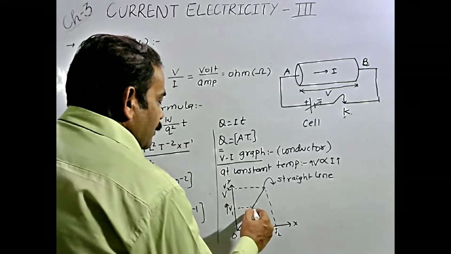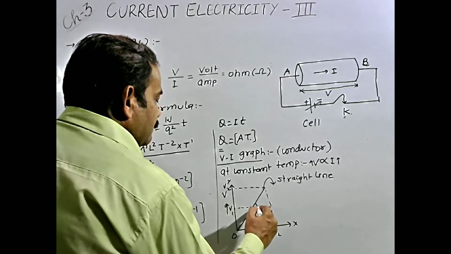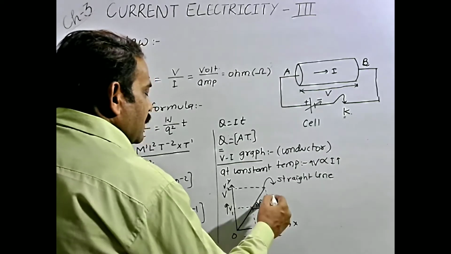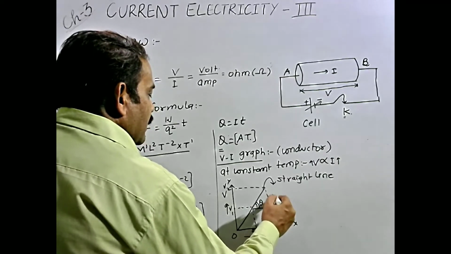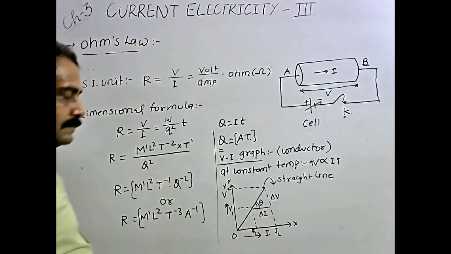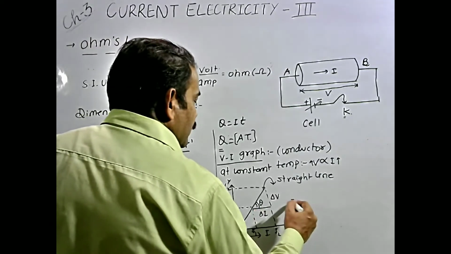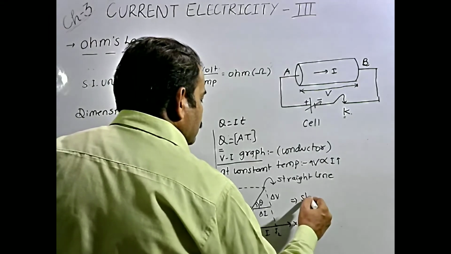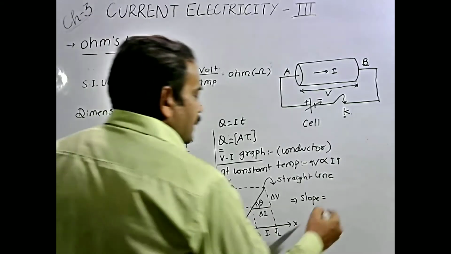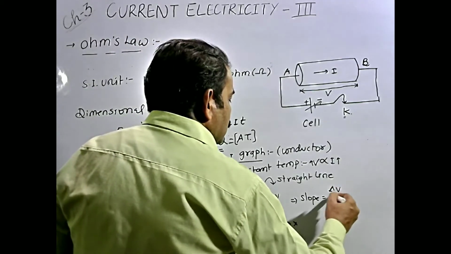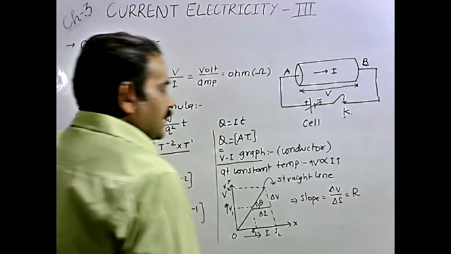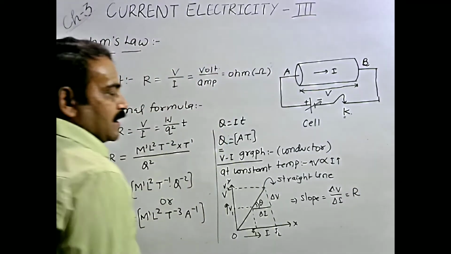So the slope of this graph gives the resistance of the conductor. Understand? So from this graph you can see the slope of this graph provides a constant value and this is known as resistance.